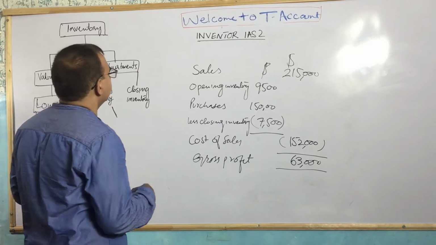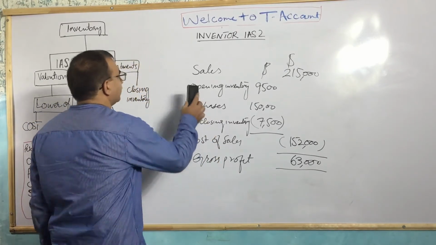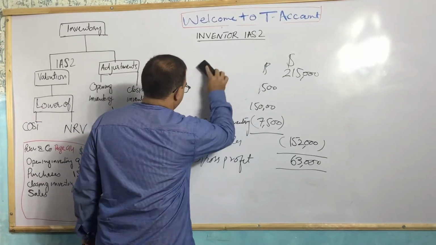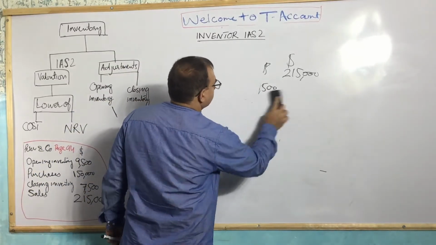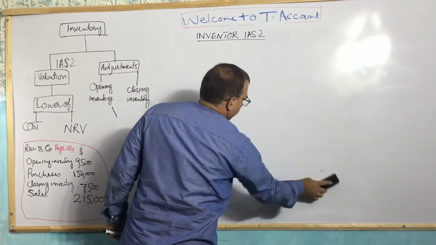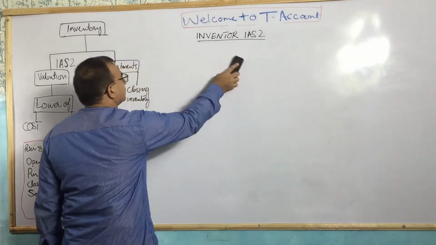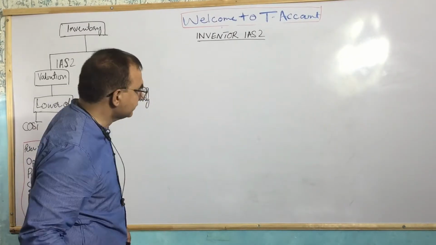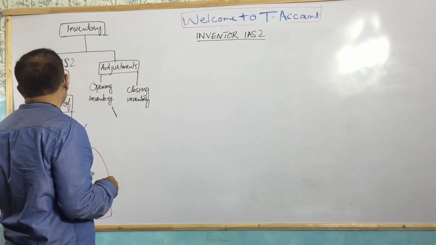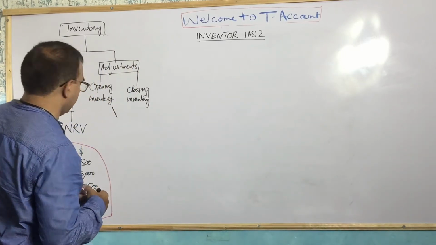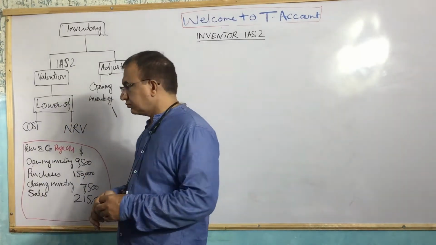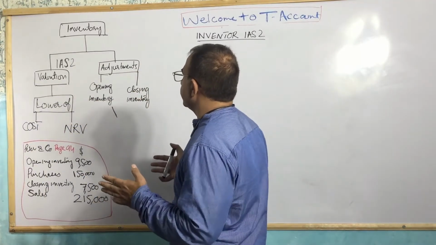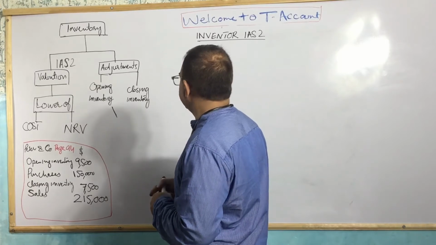Now we'll move to the valuation part. Valuation: here the standard says value inventory at the lower of cost or NRV, whichever is lower. Normally NRV is simple.